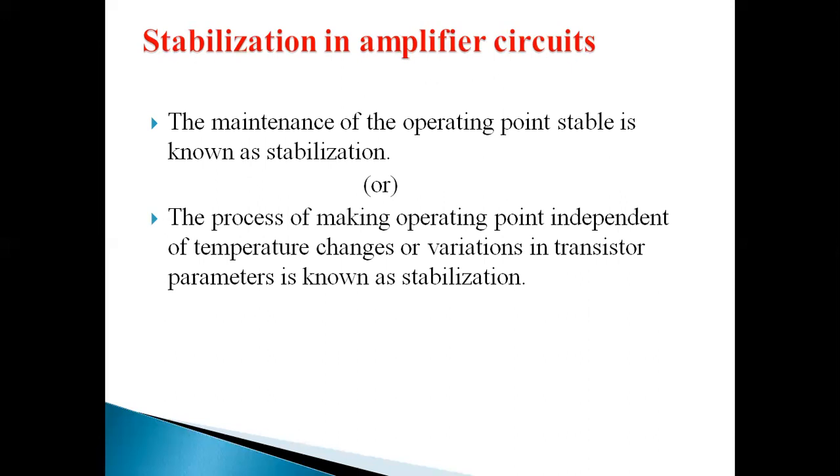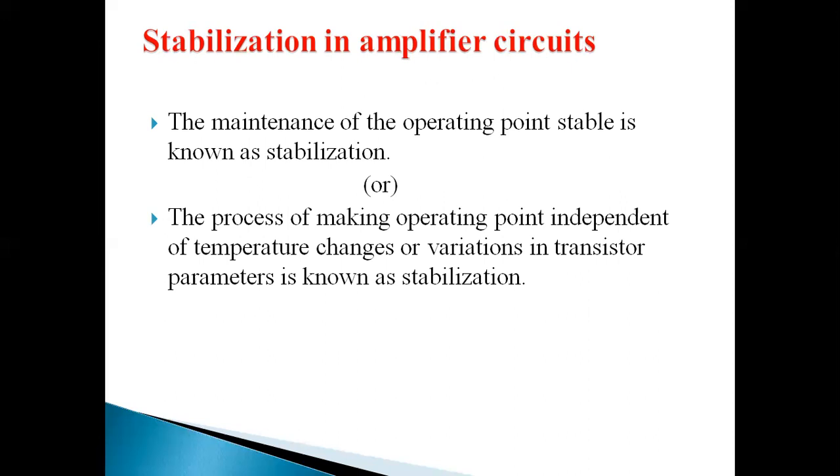If you observe this ICBO, the collector leakage current doubles for every 10 degrees centigrade rise in temperature. Therefore, change in temperature changes the collector current. If the collector current changes, the position of the operating point also changes. This necessitates the stabilization of the operating point, that is to hold IC, the collector current, constant in spite of the temperature variations.